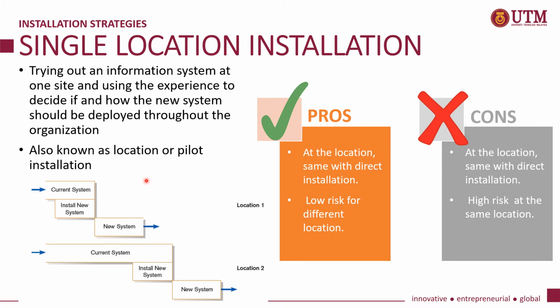As you can see in this figure, the current system or the old system is stopped while the new system starts operating in one location, and as soon as this location approves the system, it will be installed in other locations.